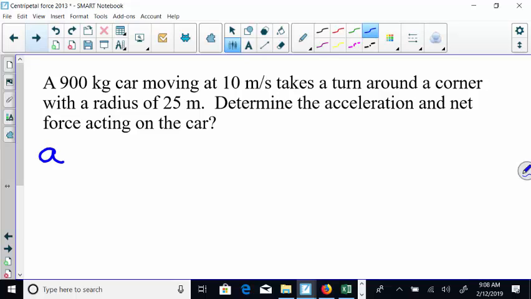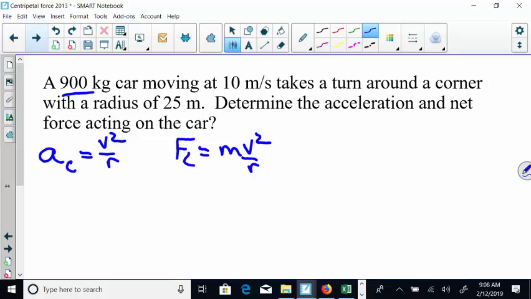You are going to use the equation AC equals V squared over R, or you're going to use FC equals MV squared over R. These are plug and chug, so you shouldn't really have a hard time doing them. Some of the simplest equations we have done for a while.